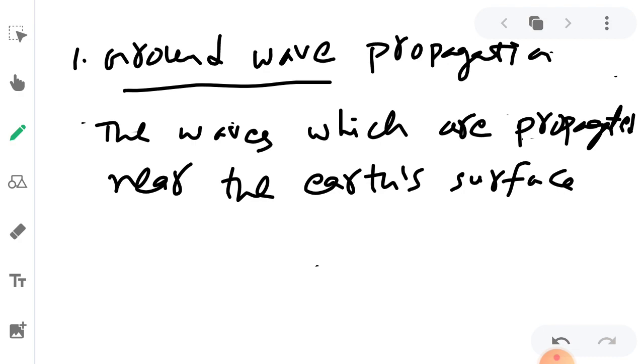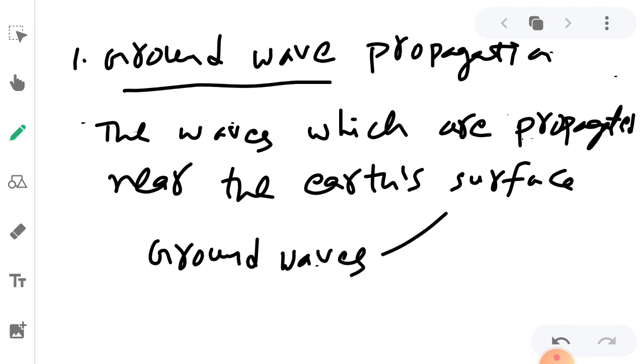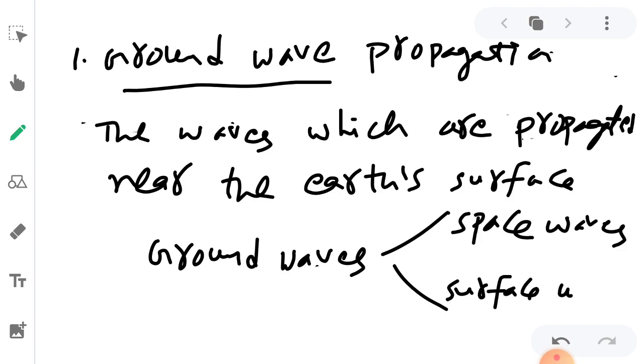Further, these ground waves are divided into two parts: space waves and surface waves.